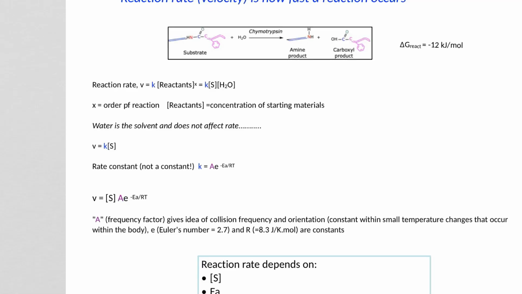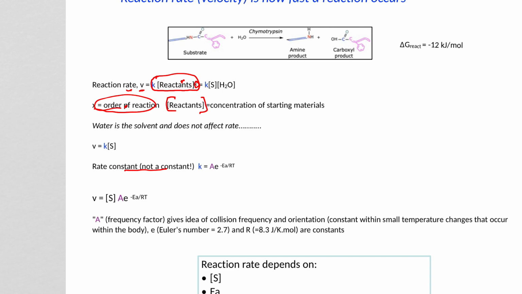So the reaction rate is given by this equation here, which is k, the rate constant, multiplied by the concentration of reactants raised to the power of x. x is the order of the reaction, and the concentration of reactants is represented by these square brackets.